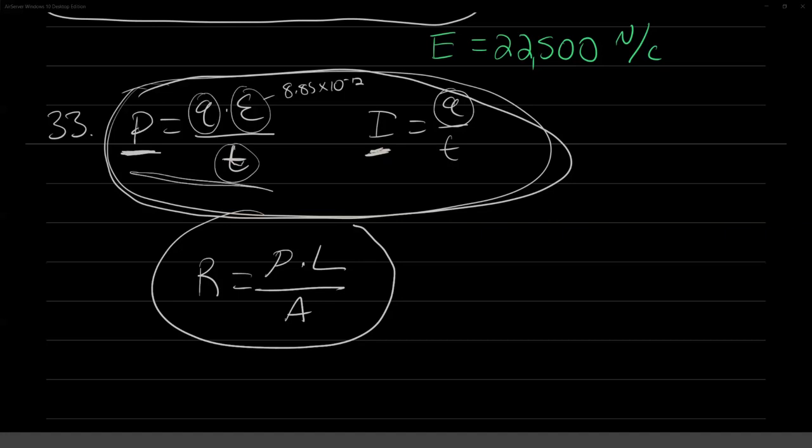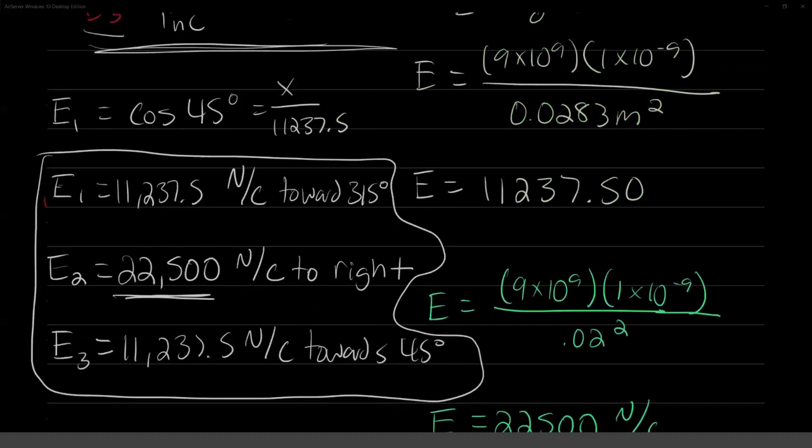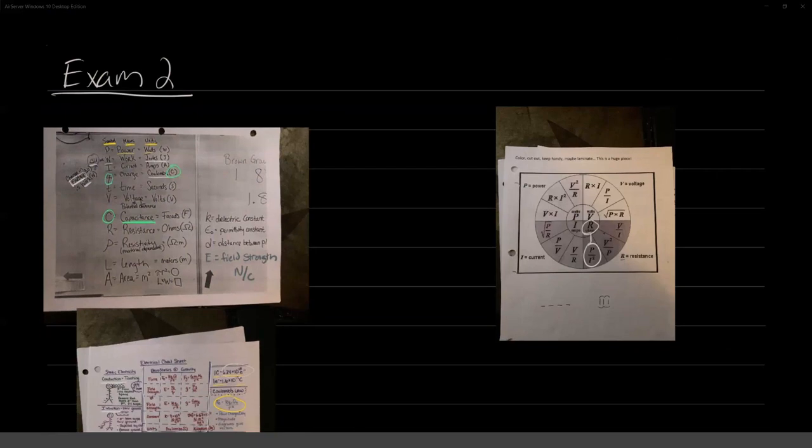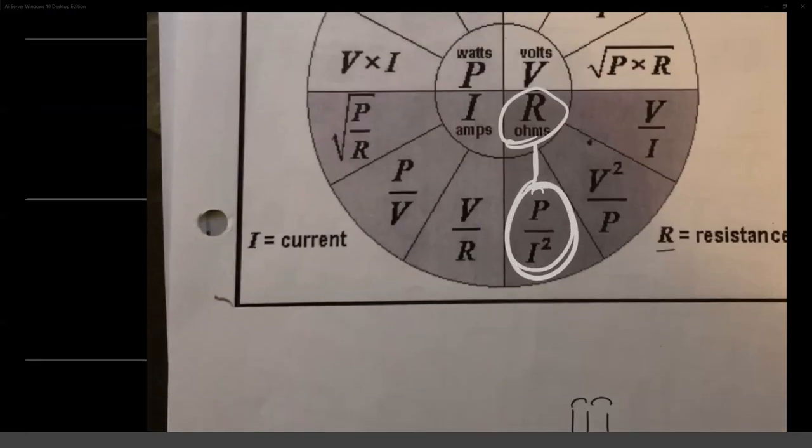And then if you have power and current, you could do this one, right? Power over I squared to get your resistance. So maybe I'll add that one in.